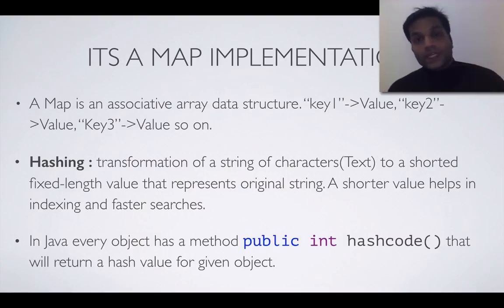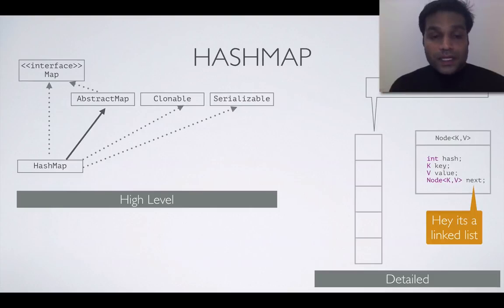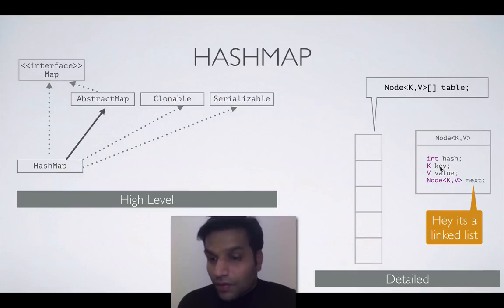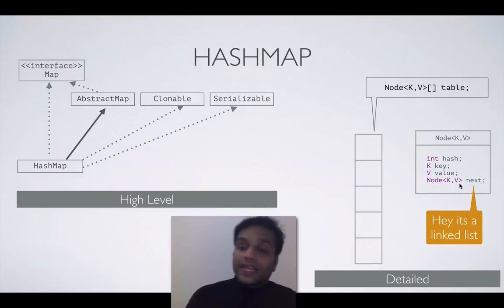But before that, let's quickly touch upon the implementation details. As you can see, at a high level, HashMap is basically an implementation of the Map interface. At the same time, if you look at the low level details, HashMap has a table, an array of nodes, and a node consists of an int hash, the key that you send to the hash map, the value that you will add to the table, and a pointer to the next node.